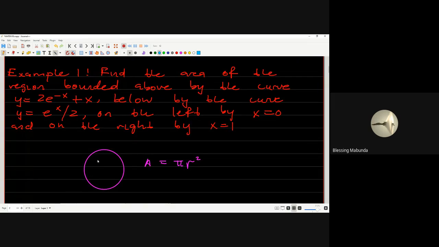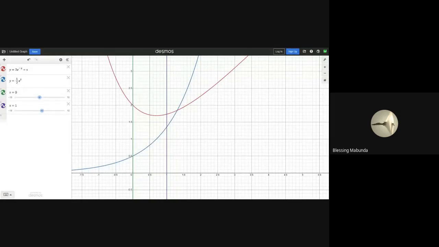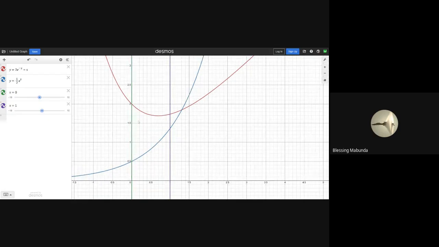So going back to our plot, note here that the red function is on top, which means that that's our f, and the blue function is at the bottom, right? Which means that to get our height, that is going to be the function at the top minus the function at the bottom.